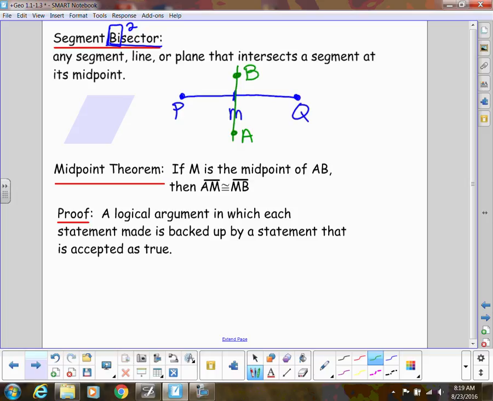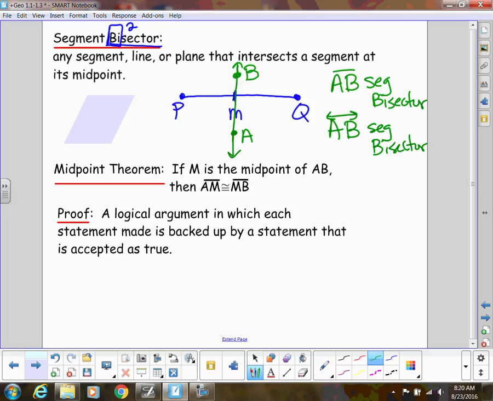It's cutting it right at its midpoint M. All right, so AB would be a segment bisector. Okay, it could also be a line. So let's say this didn't stop. I could have a whole line doing that. So AB, the line, could be a segment bisector.